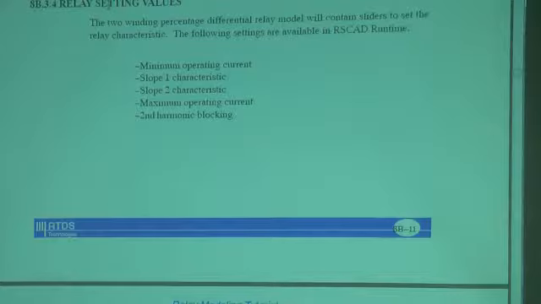The relay settings, what I wanted to do was create this two-winding percentage differential relay with sliders. So instead of entering a value inside the setting program, you would change slider values, and then the logic behind would create the minimum operating current, the slope 1 characteristic, the slope 2, the maximum operating current, and the second harmonic blocking.